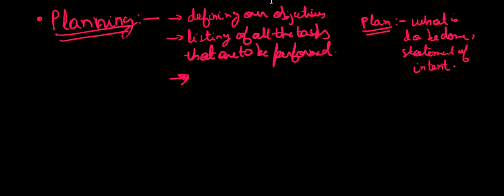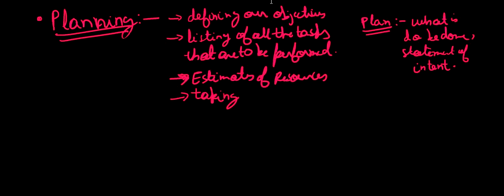It also involves making various estimates, so preparing estimates of the various resources that are required during the project. Also taking into account the various problems that could be possible, and also deciding their solutions.